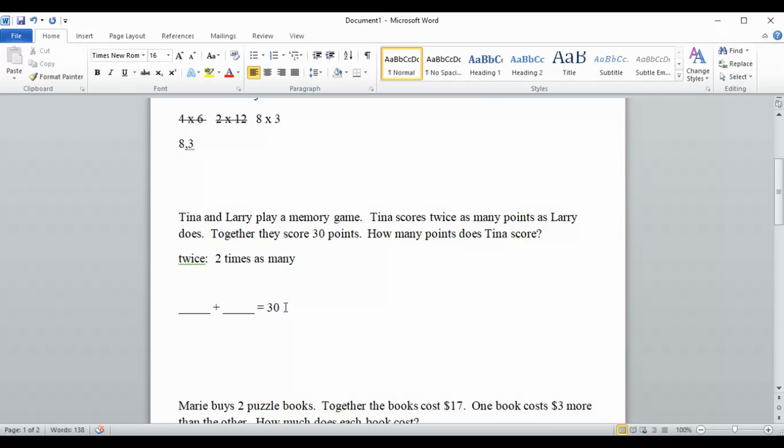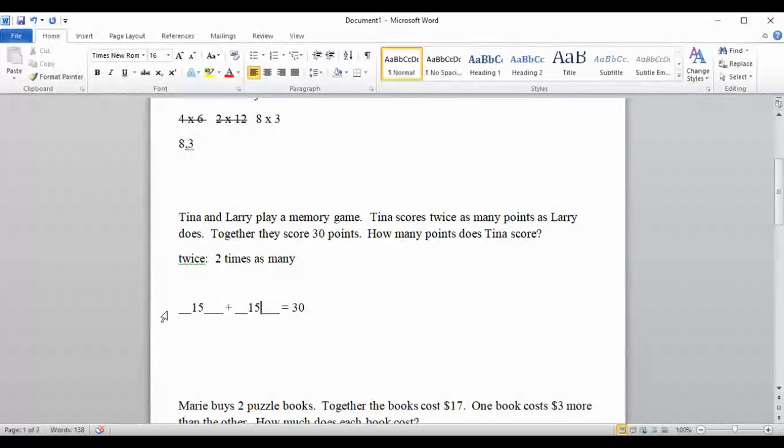And again, we're going to use the guess, check, and adjust method. So I'm going to say what two numbers, when I add them together, equal 30. And I'm just going to start off with 15 plus 15.